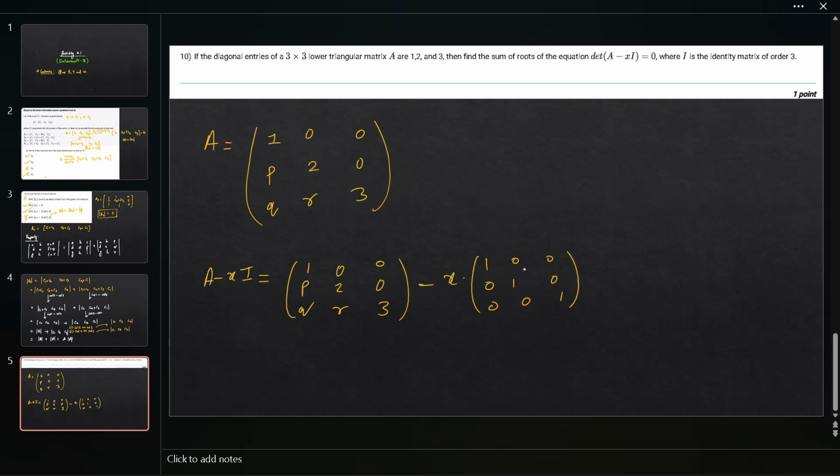So that would become x 0 0, 0 x 0 and 0 0 x by multiplying x with each and every element of this particular matrix. So here we will obtain this matrix which is 1 minus x 0 0, P 2 minus x 0, Q R and 3 minus x. So this is the matrix A minus xI.